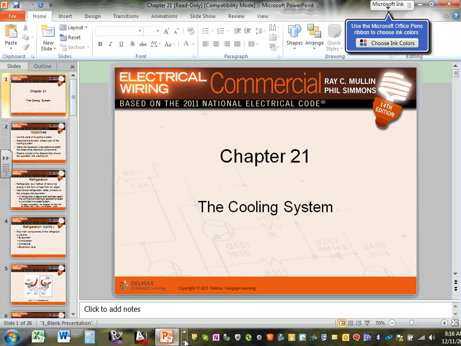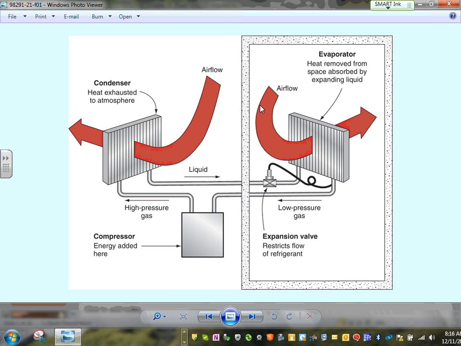Let me quickly flash a couple of pictures. We talked about this one, Karen, and we said the heart of the refrigeration equipment is the evaporator. It blows air through a coil, picks up the heat, and the compressor pulls that low pressure gas, compresses it into high pressure gas, and pushes it all the way to the condenser.